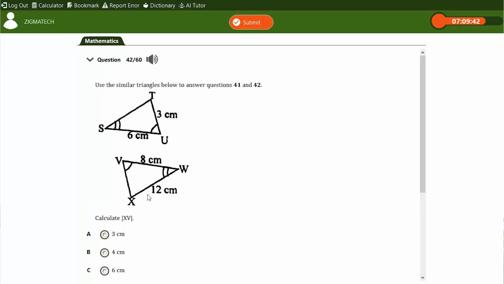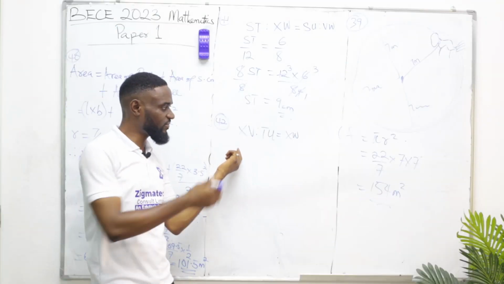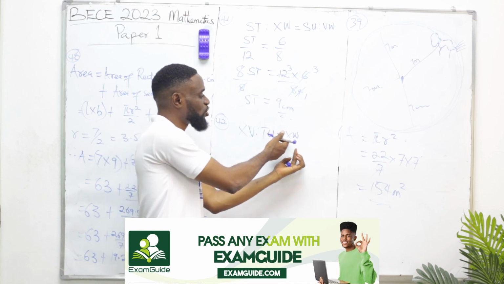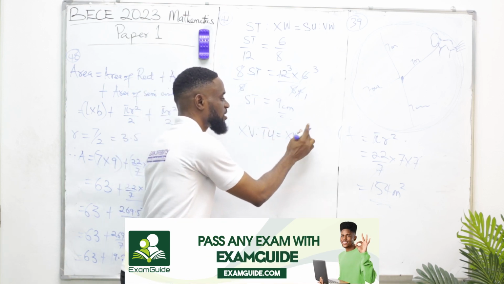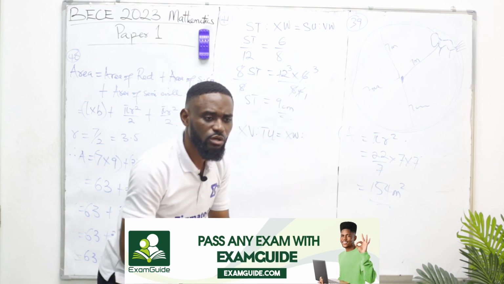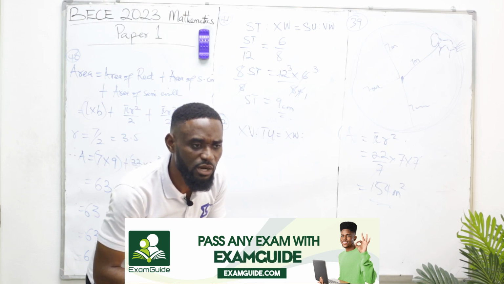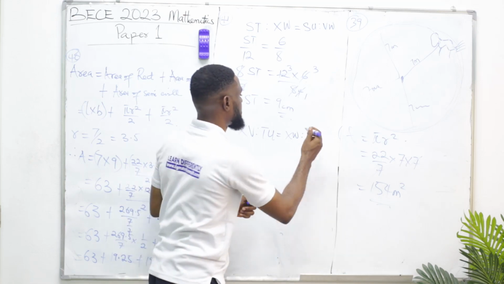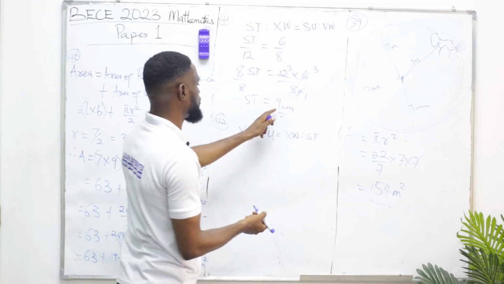So if we use 12 cm here to say XW, which is 12 cm, remember, because I used XV first, also use it here. Don't go and use it in the second place. So XW is in ratio to ST, which we know.